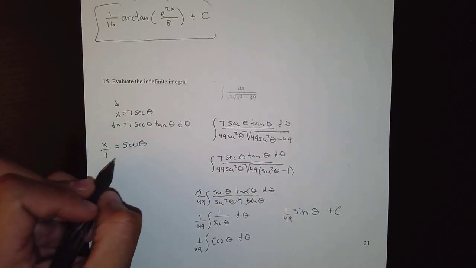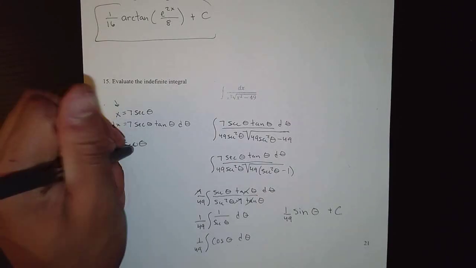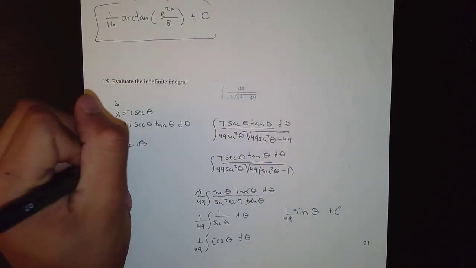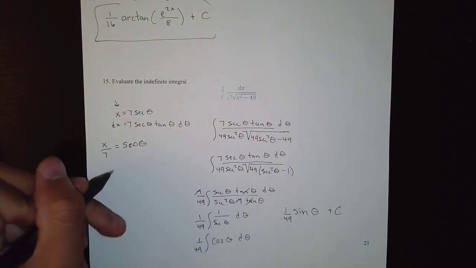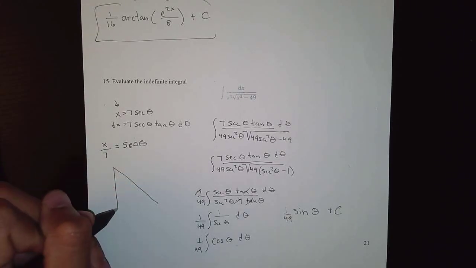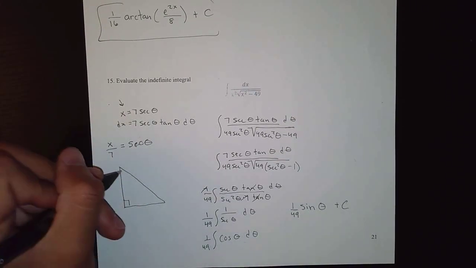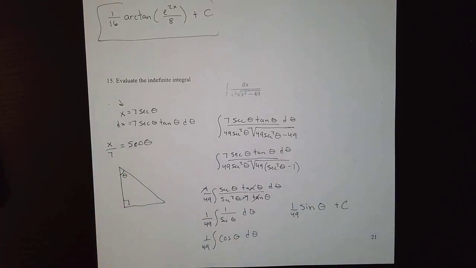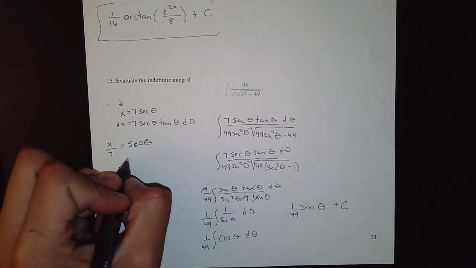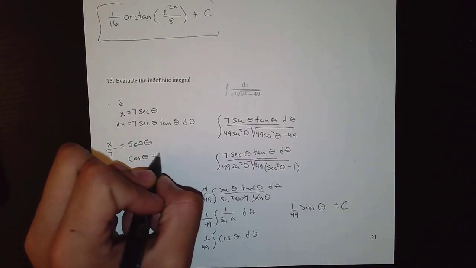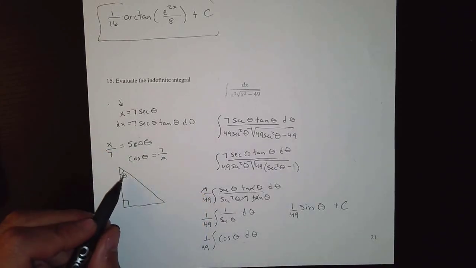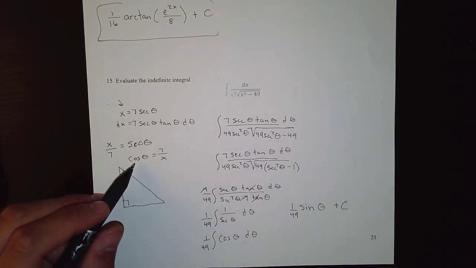or observe that secant theta is 1 over cosine theta. And so what that means is, if we have this triangle and we have our theta right here, using this equation, we can say that cosine of theta equals 7 divided by x, which means cosine is adjacent over hypotenuse.